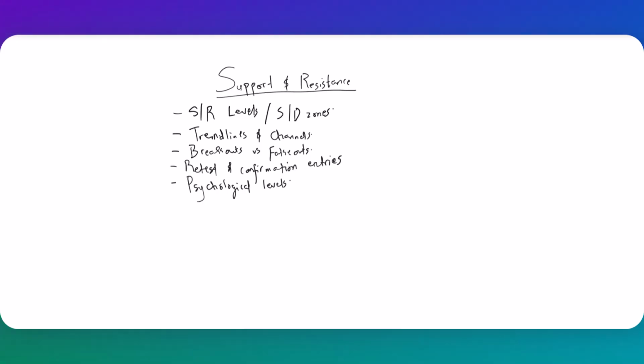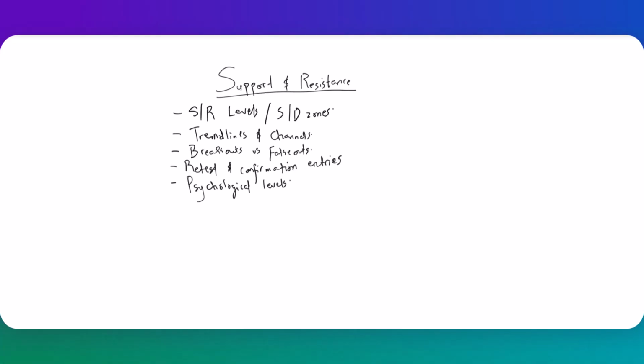By the end of this lesson, you won't only know how to mark your chart, but also how to trade with confidence around these key levels. So grab whatever you want to use and let's get into it.